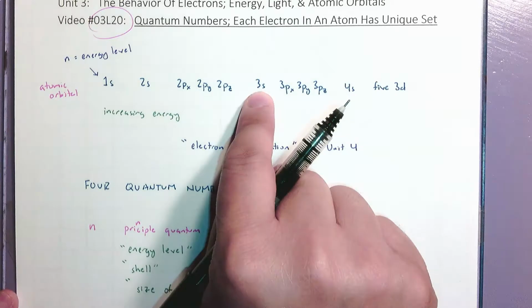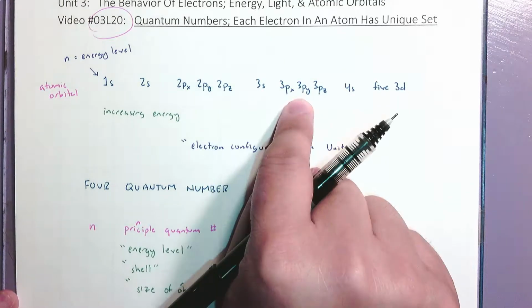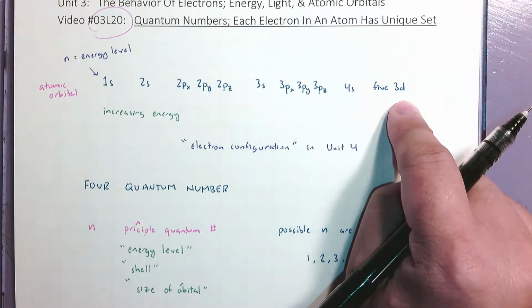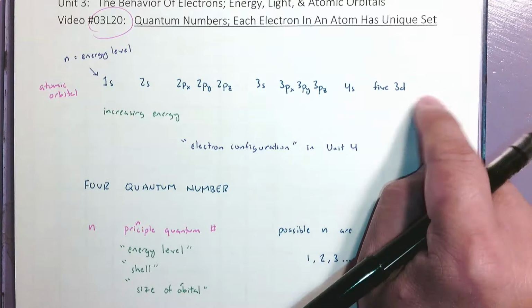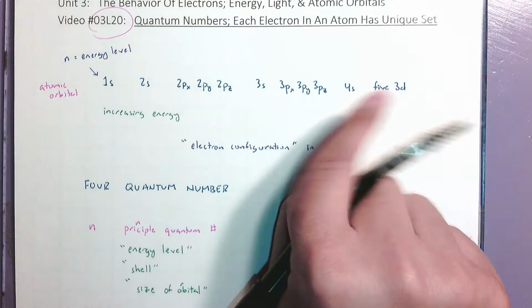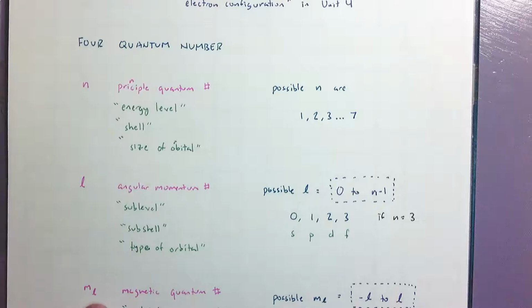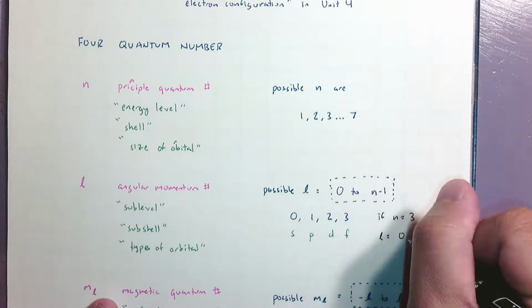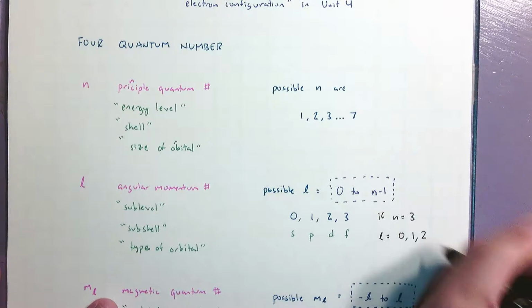We have an s, we have a p, and we have a d. There's actually no such thing as a 3f orbital. So there are no f orbitals in the third energy level. The only choices are s, p, and d. So therefore, if n equals 3, your only choices are L equal 0, 1, or 2.